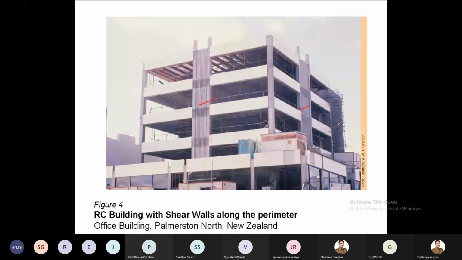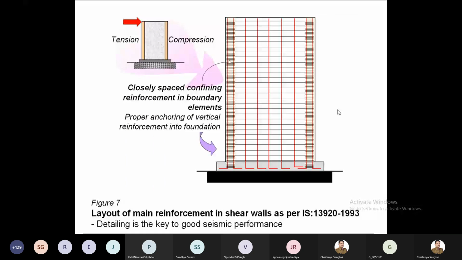And the shear wall construction is also very easy. Nothing is difficult. When the lateral load comes, this side will be under tension, this will be under compression. So this is under extreme compression. And when the force reverses, this side will come under compression and this will come under tension. So both sides come under extreme compression because of the lateral force, right?